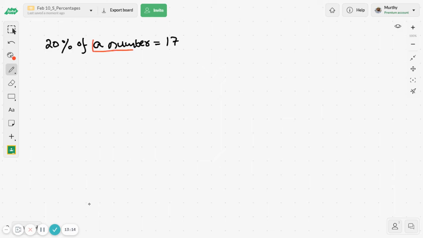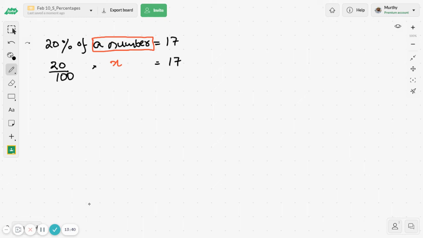So here this number is missing. Let me assume it is x. Therefore, it is 20%. So 20% means, don't forget, we have to take the denominator 100, times x equals 17. We have to eliminate these values one after the other.